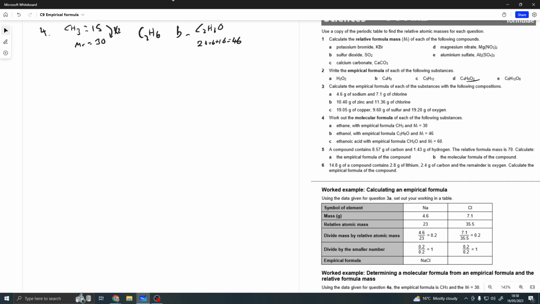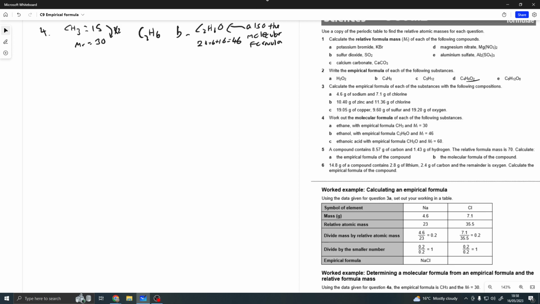So that's the empirical formula. It's also the molecular formula. Make sure you stress that somewhere, just so they know what you're talking about.